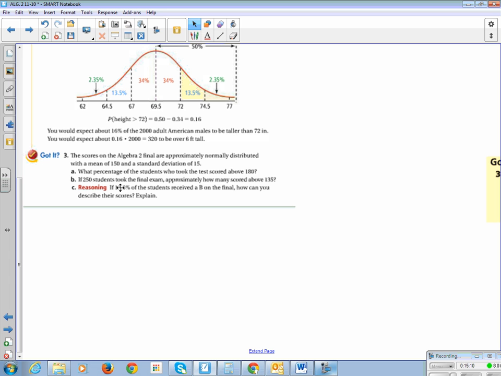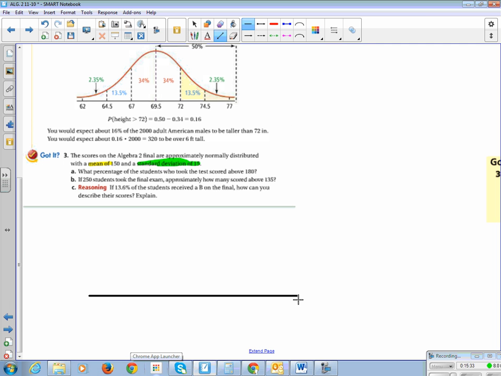The scores on an Algebra 2 final are approximately normally distributed with a mean of 150 and a standard deviation of 15. What percentage of students who took the test scored above 180? So let's draw a little curve.